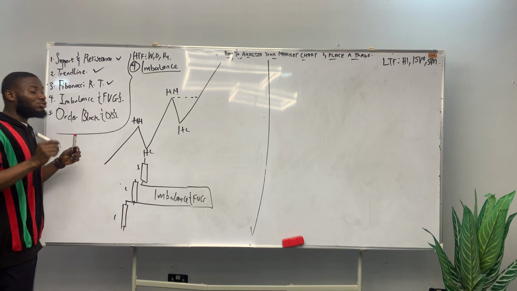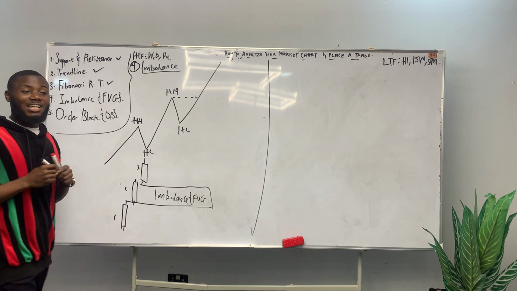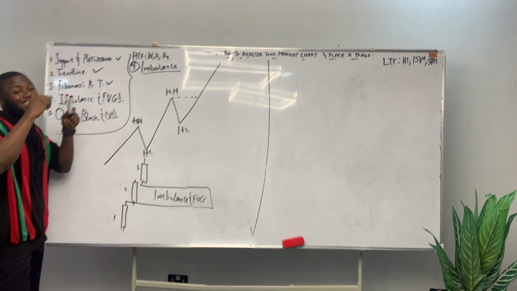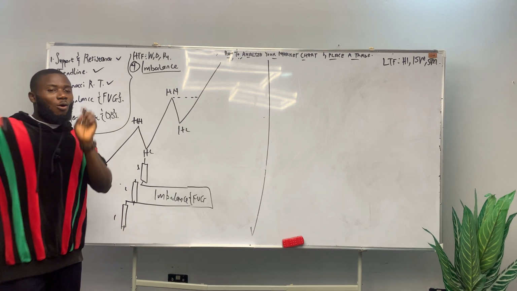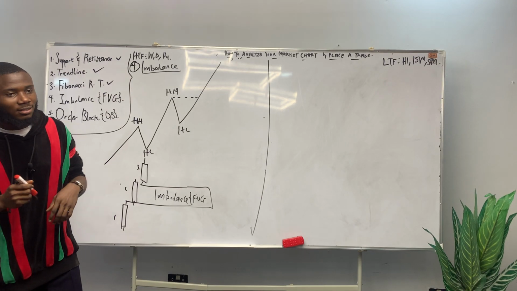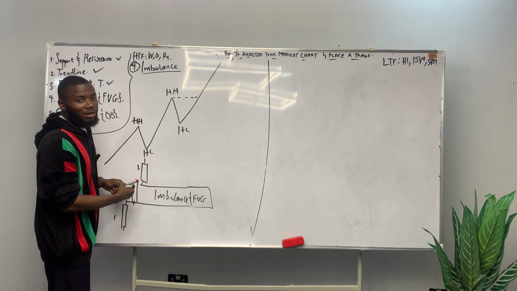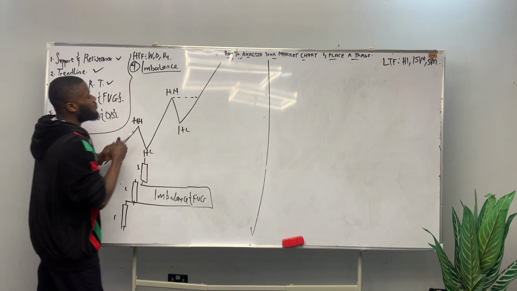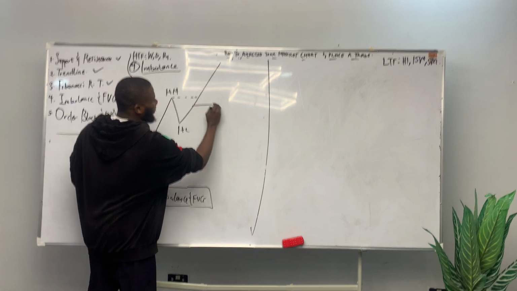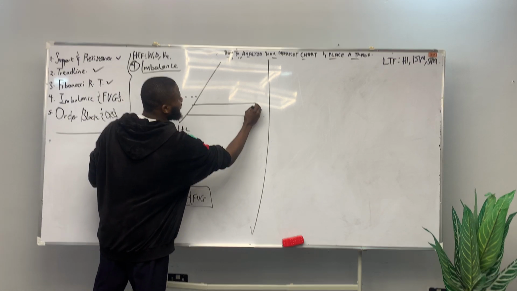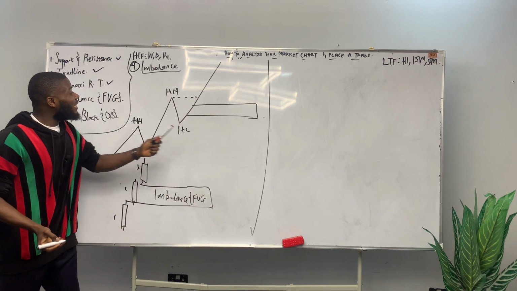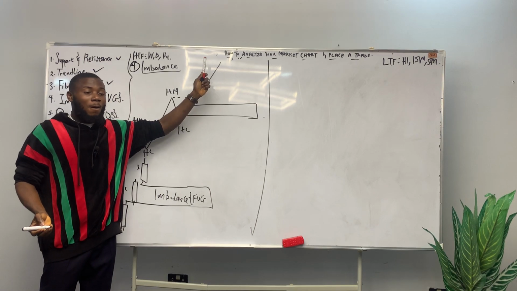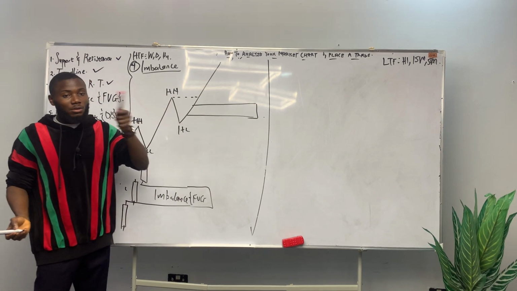So if you have not watched or were not in the class where we taught imbalance intensively, you go and watch the video, right? And so now, let's mark the imbalance here. Any imbalance that occurs at the premium zone, we don't take it, abi?